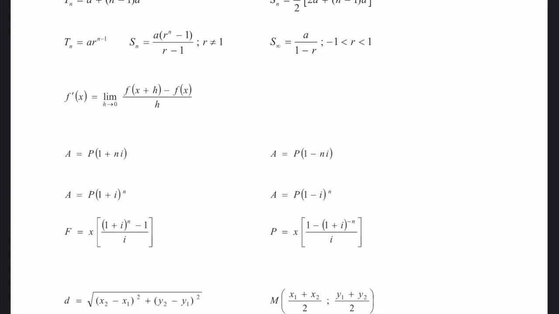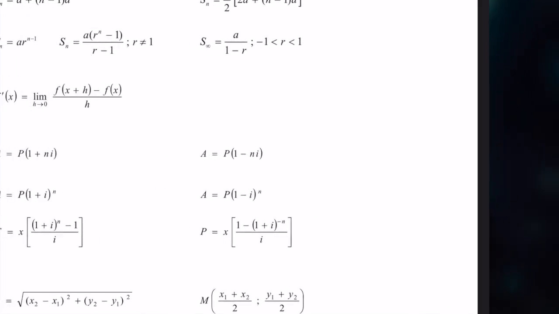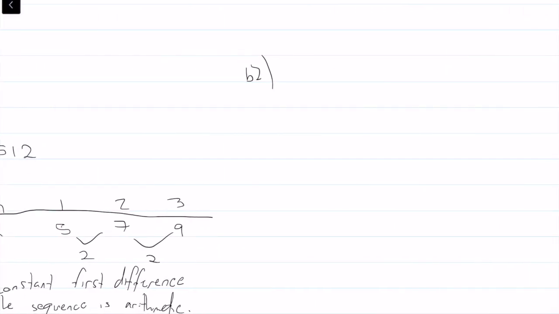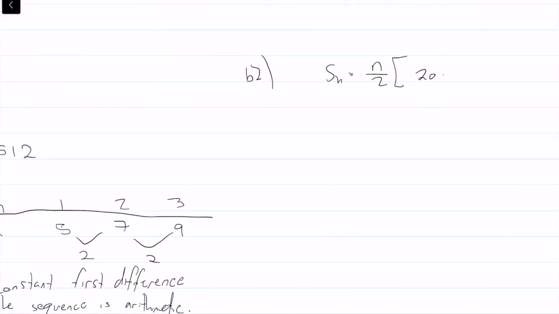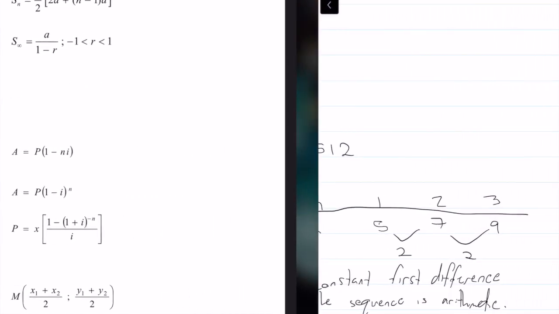So Sn equals n over 2 times 2a plus n minus 1 d.